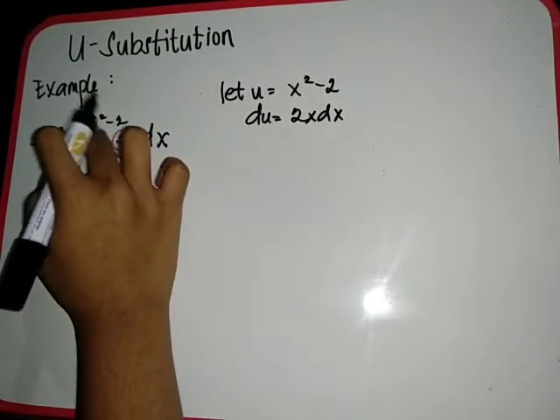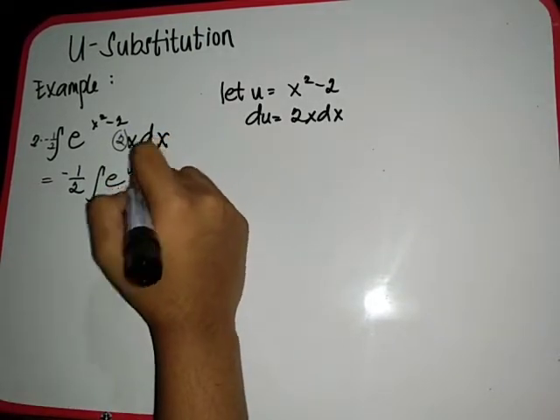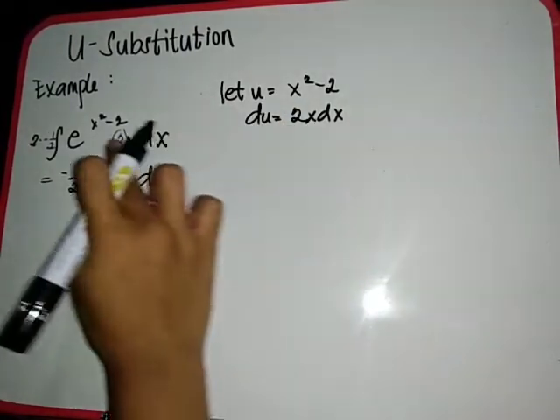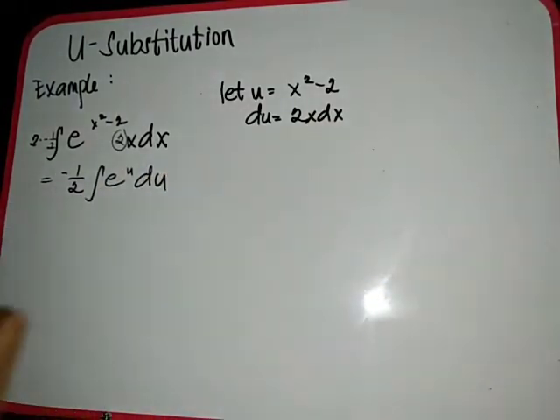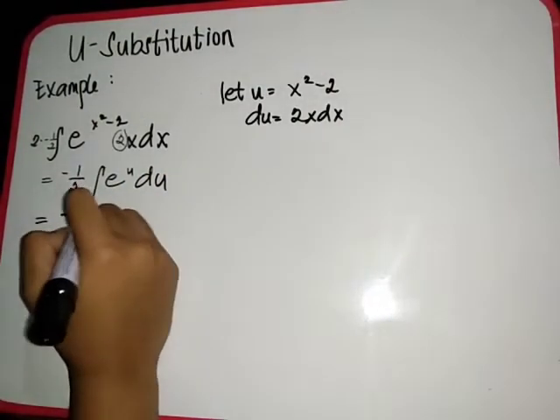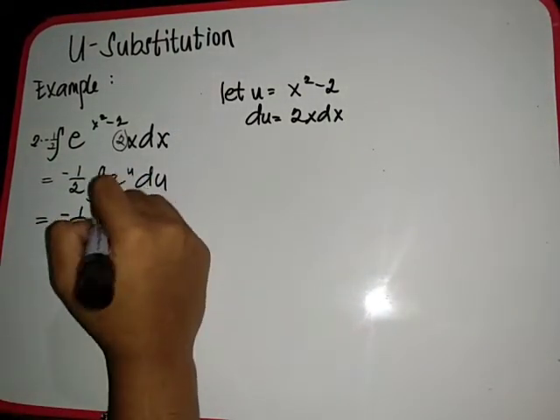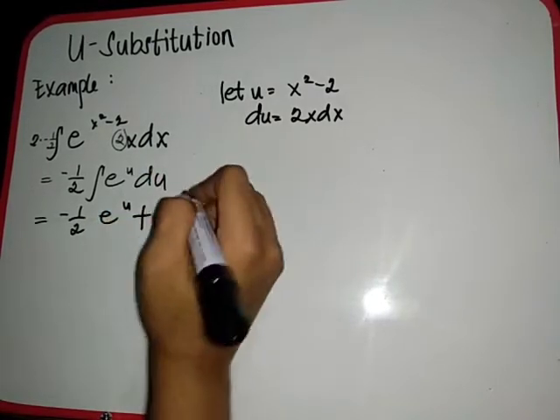So we will substitute this as our u times du, because our du is 2x dx, equals the negative 1/2 e raised to u plus c.